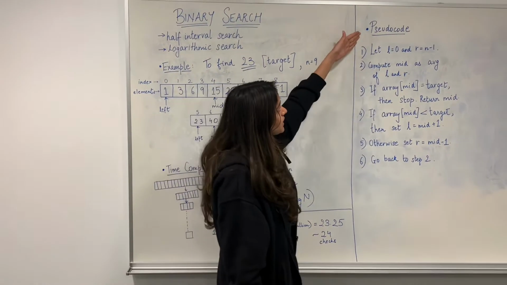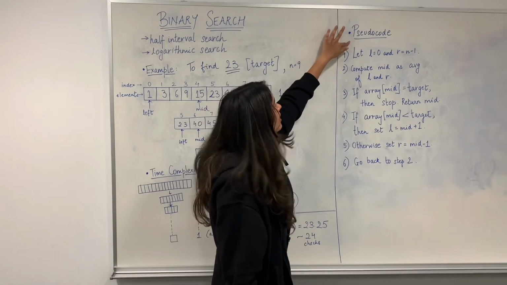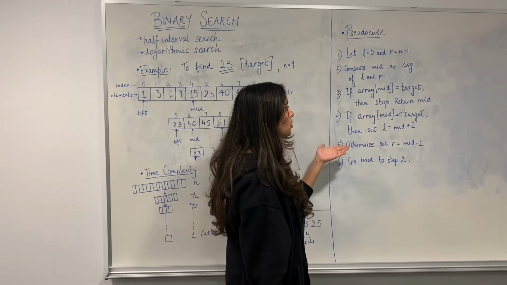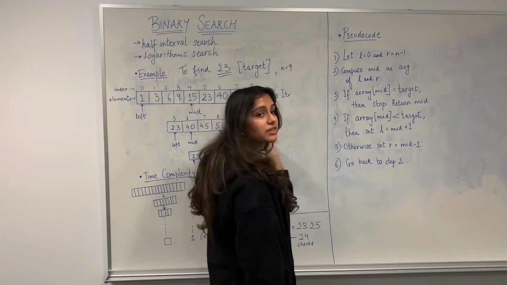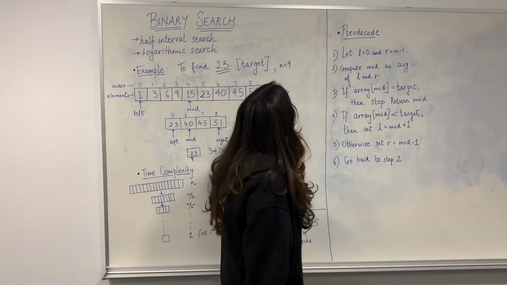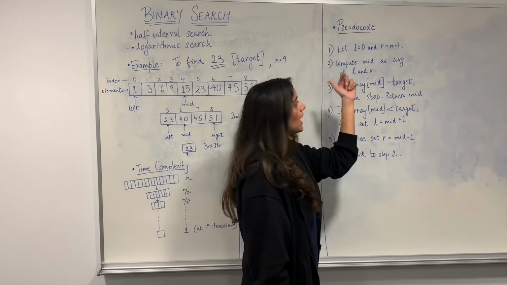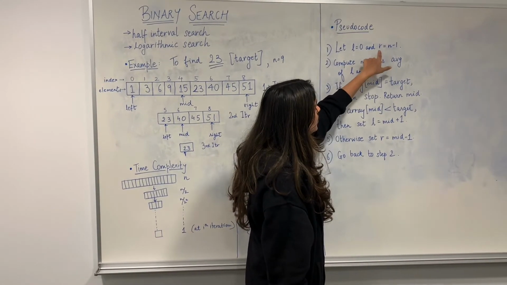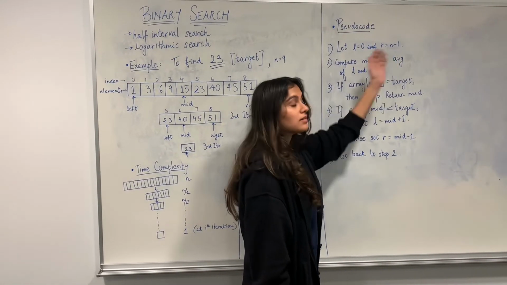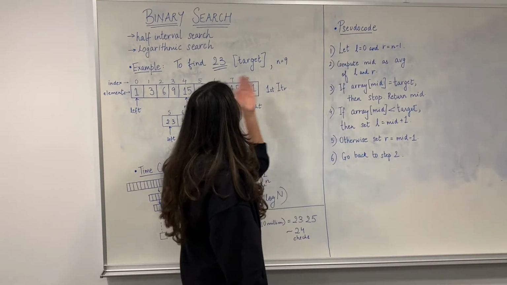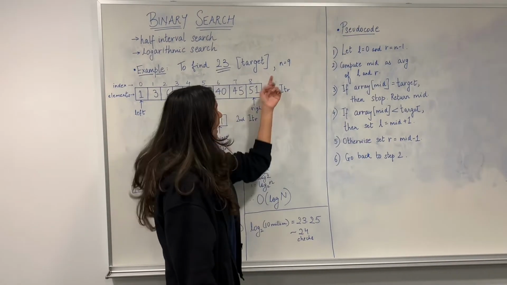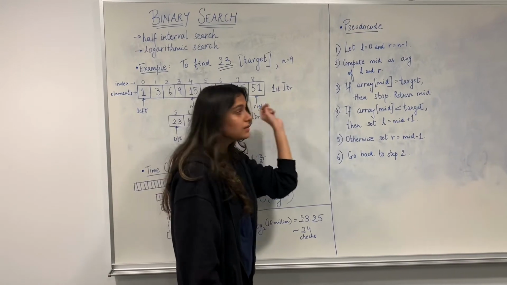Now we'll go on to the pseudocode of binary search, where I'll explain the pseudocode so that this algorithm is clearer to you. So let's assume L, which is the leftmost pointer, as 0 and R, which is the rightmost pointer, as n minus 1. N is the number of elements in the list, which is 9 as in the case of our example.